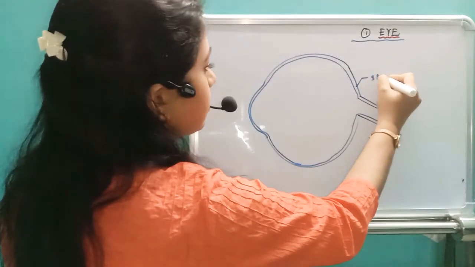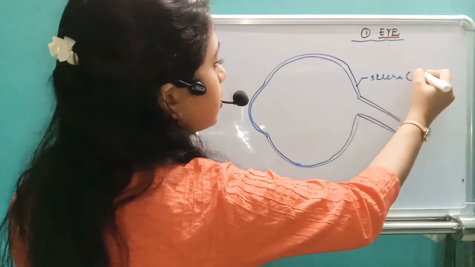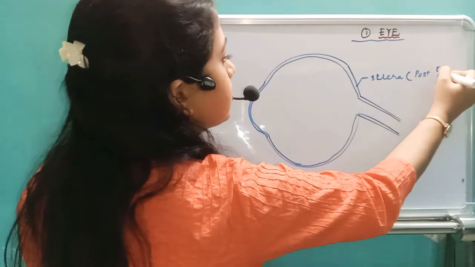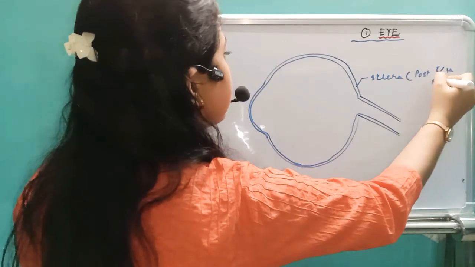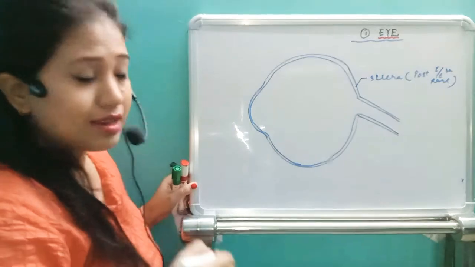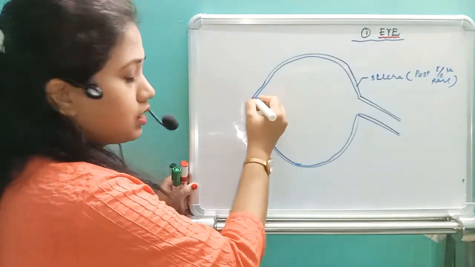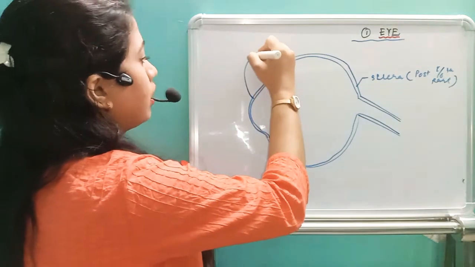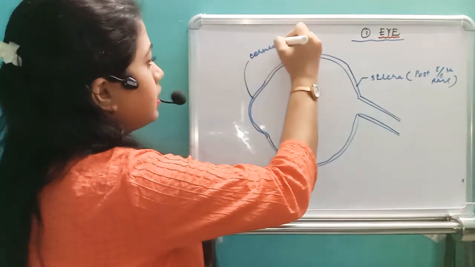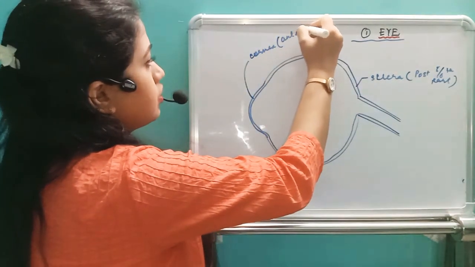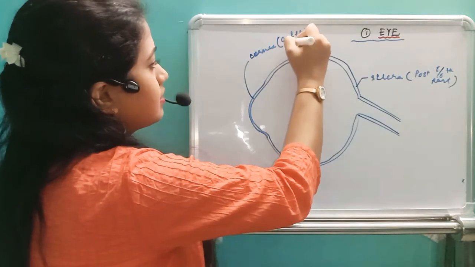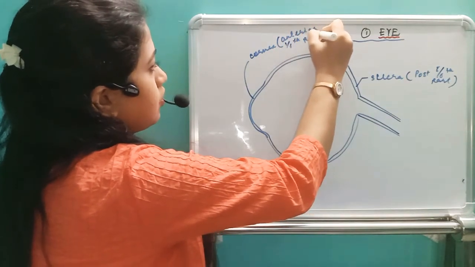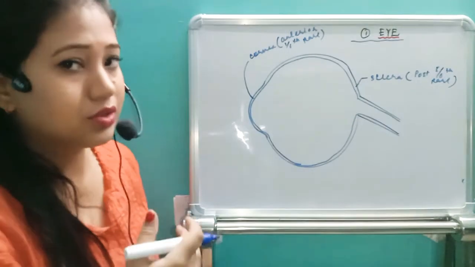Okay, so this part will be called the sclera, and here in the front, this will be the cornea, which is the anterior only one-sixth part.